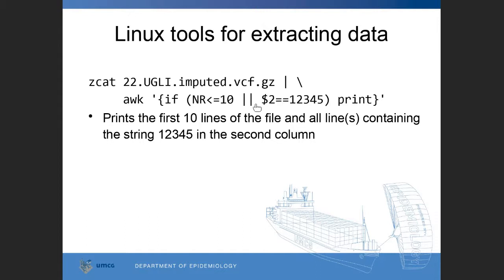So for a VCF file, it's convenient, you have to retain the header. In this case, if your header would be 10 lines before the genotype data starts, then use this to print the header, and then only those genotypes that have 12345 in the second column.